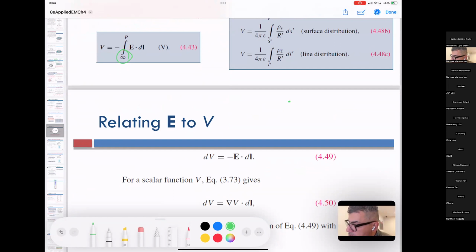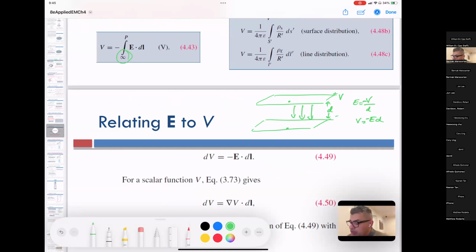Let's say there was an electric field between 2 points, like you would have between two parallel plates, separated by a distance D. The electric field would be the voltage between those 2 points divided by distance, or the voltage would be the electric field times distance, and there's a negative sign here.